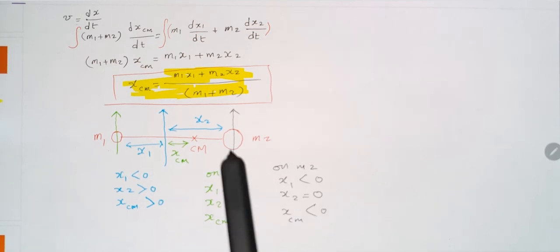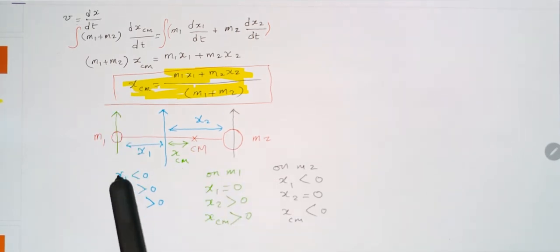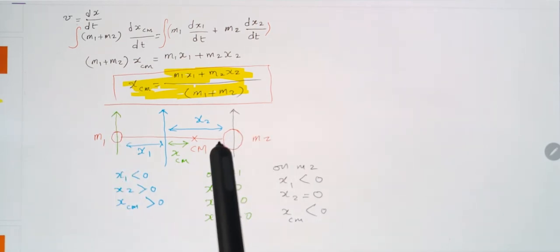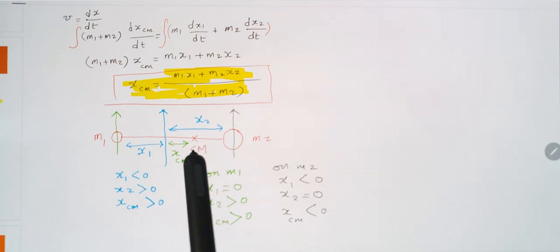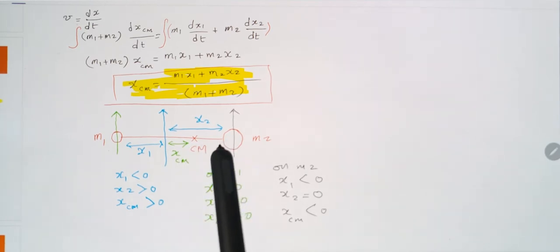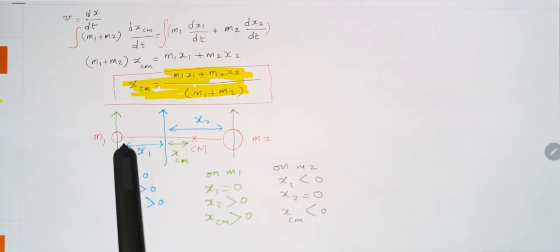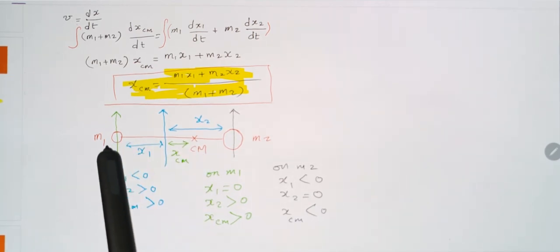With respect, يعني the axis can be arbitrary, anything will work, but when we find the values of center of mass, the difference between the center of mass and M2 will always be fixed. The distance between center of mass and M1 will always be fixed.